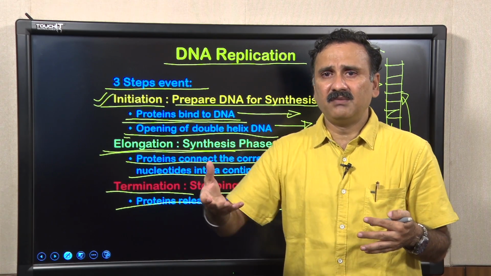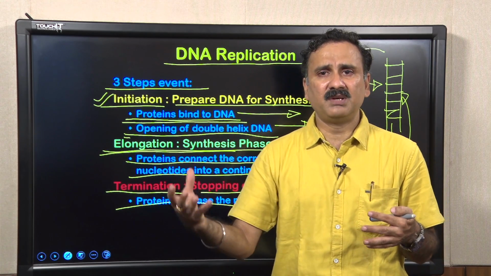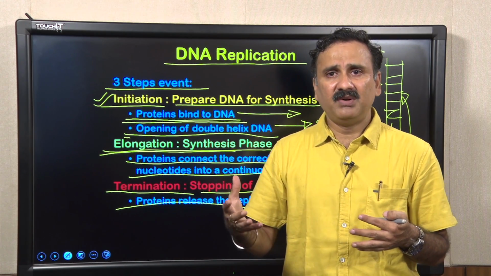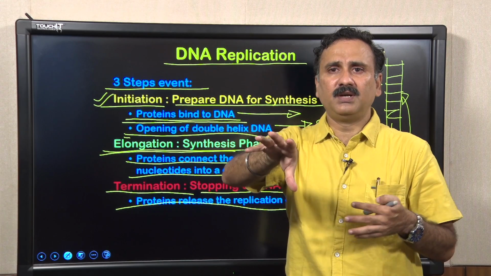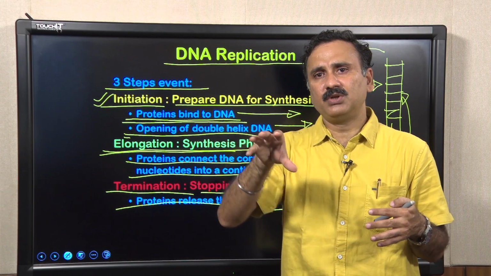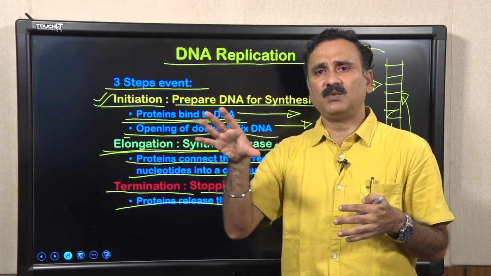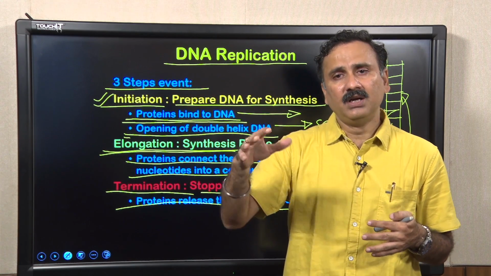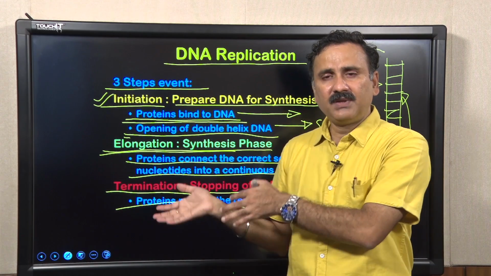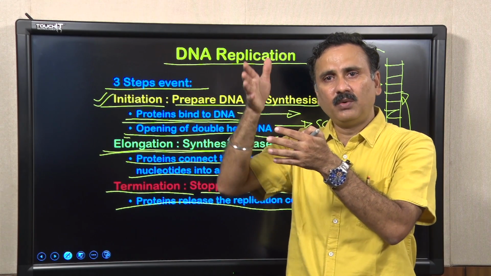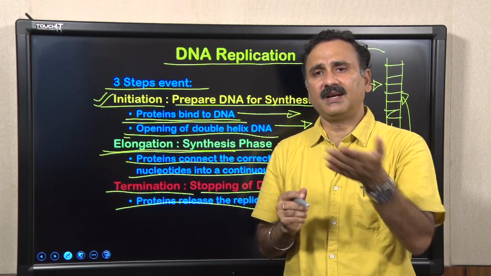And what is the DNA synthesis machinery going to do? DNA synthesis machinery involves the DNA polymerases which sit onto the enzyme, and then they read the original sequence, and based on the original sequence they add the nucleotides onto the second strand, and that is how it starts the synthesis of the second strand.